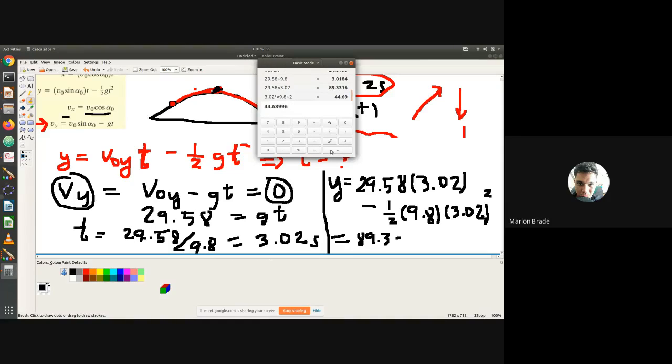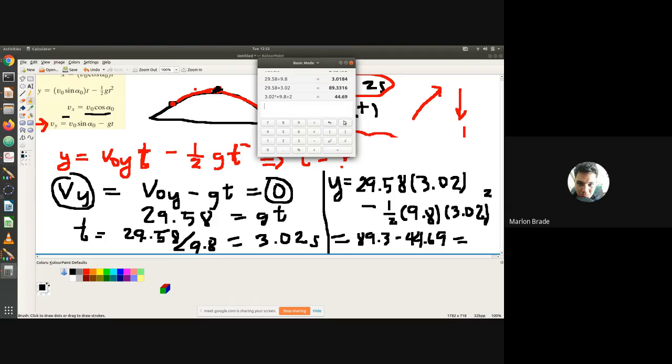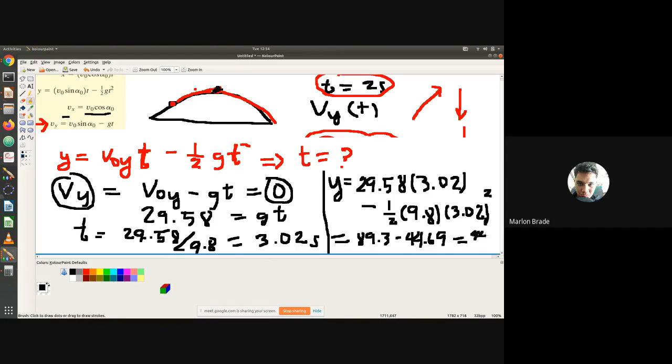So this is equal to 44.69. So this is equal to 89.3 minus 44.69, which is 44.61. So this is 44.6 na lang, and this is in meters. Okay?